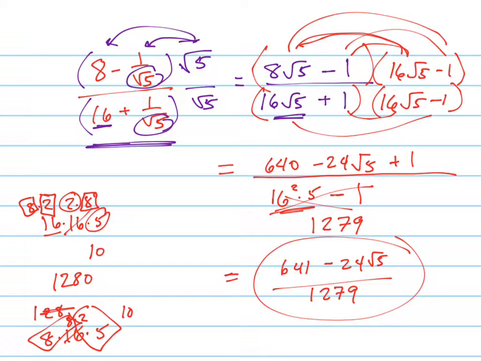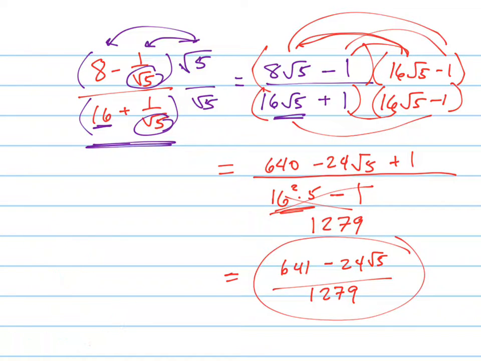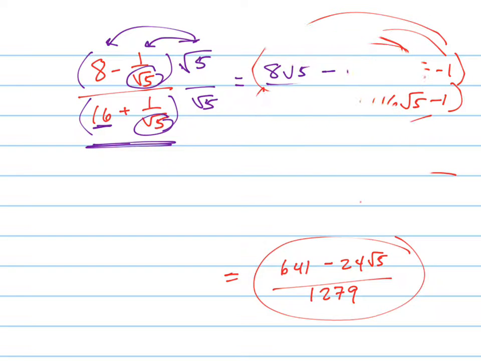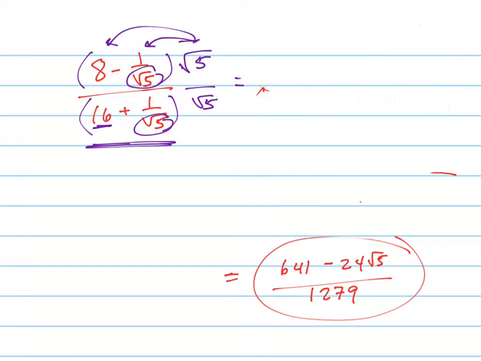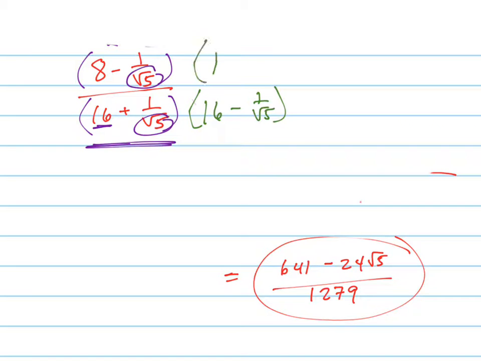Let's see if it would have been easier doing it the other way. So I'm going to leave this answer here, and let's just see if it would have been easier if we would have gone straight to multiplying by the conjugate. So that would be 16 minus 1 over root 5, 16 minus 1 over root 5, and foiling these two out on the bottom would just get us 16 squared, which is 256, minus 1/5.